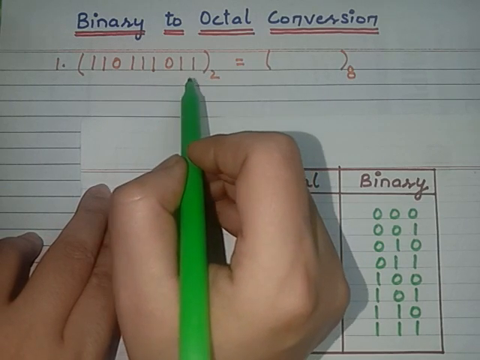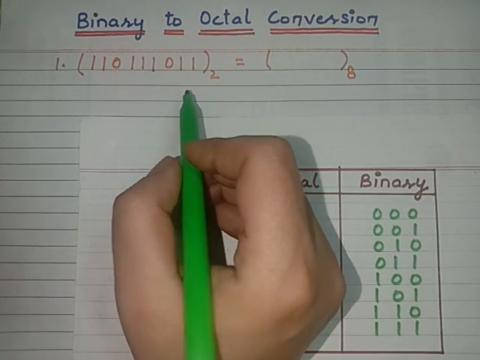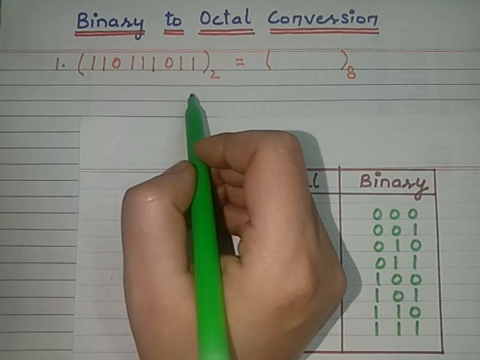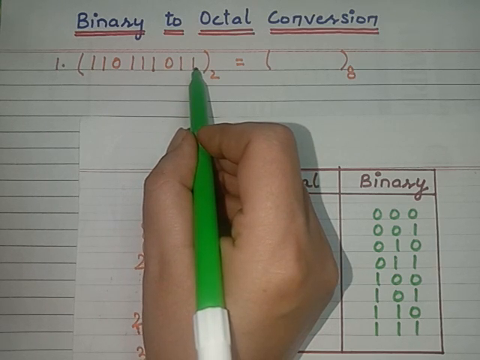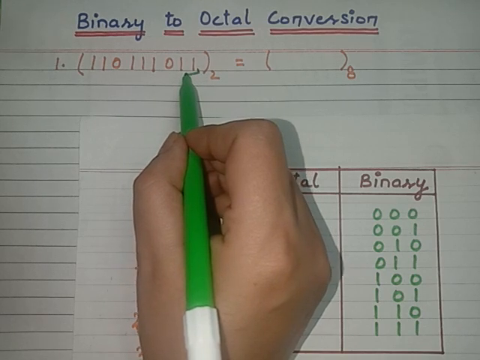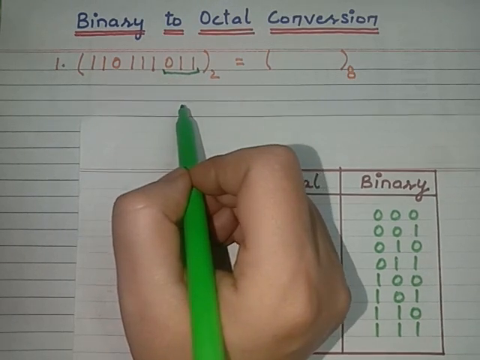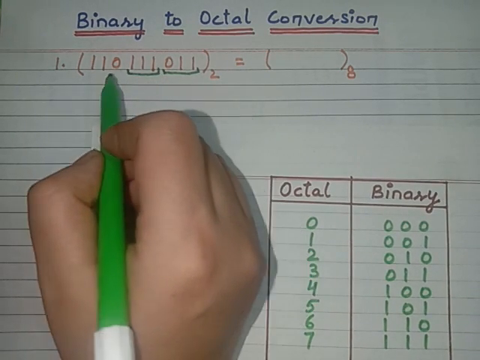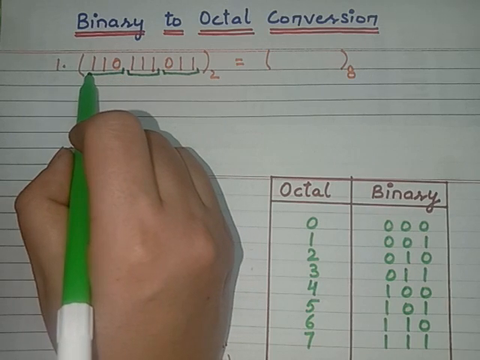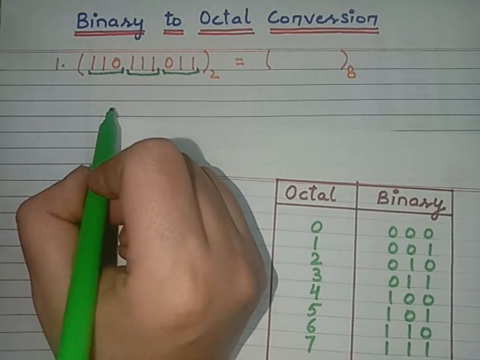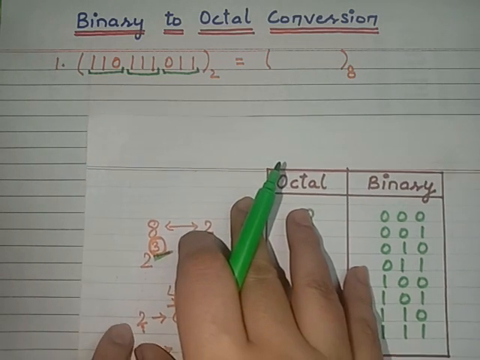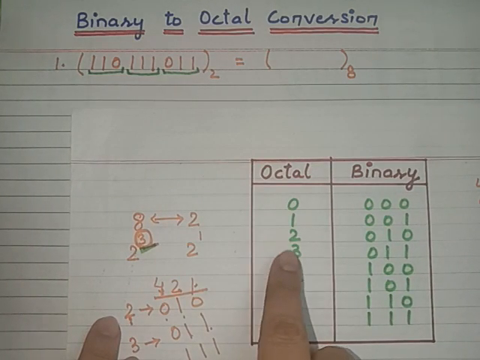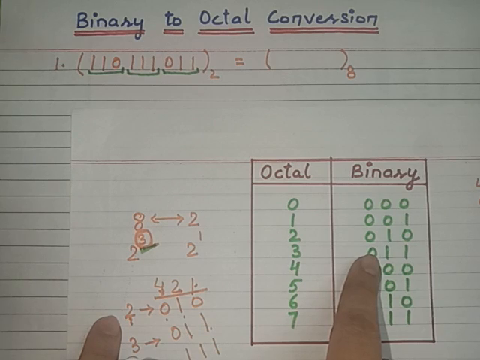We will always make the groups starting from the right hand side, and we will have 3 digits in a group. So this is our first group. The next group will be the next 3 digits, and the next group will be the next 3 digits. After making the groups, we have to write the equivalent octal number of that binary number.